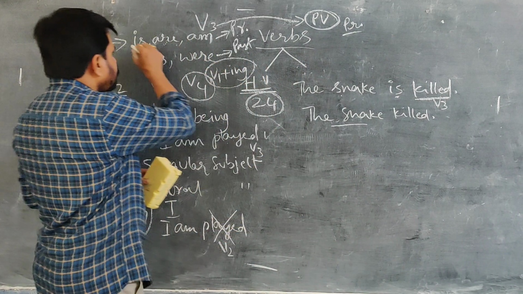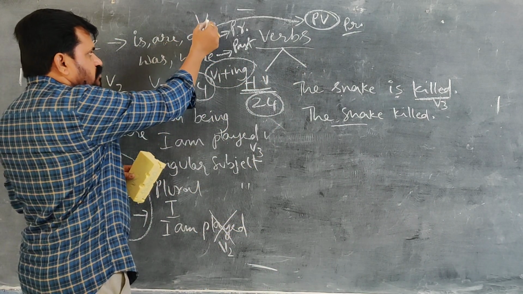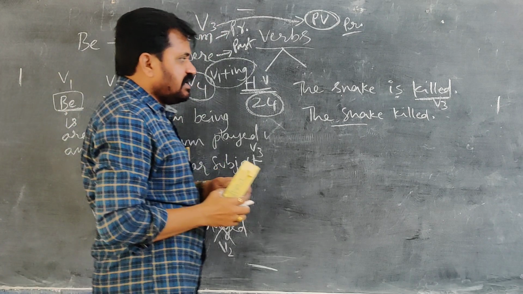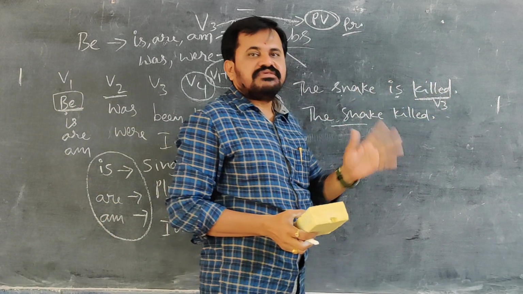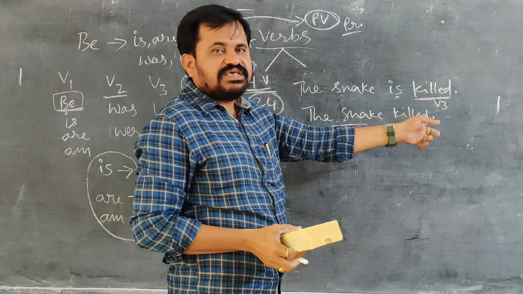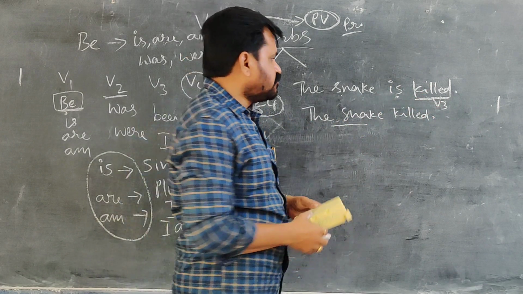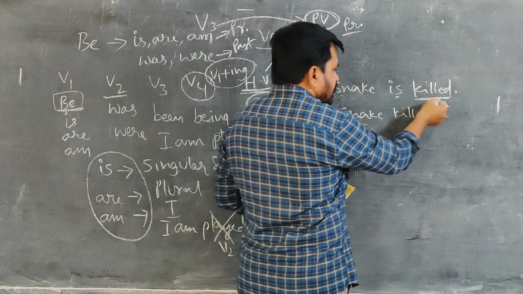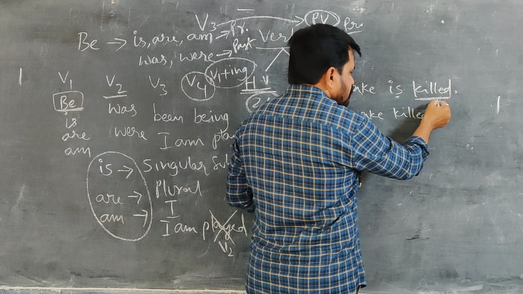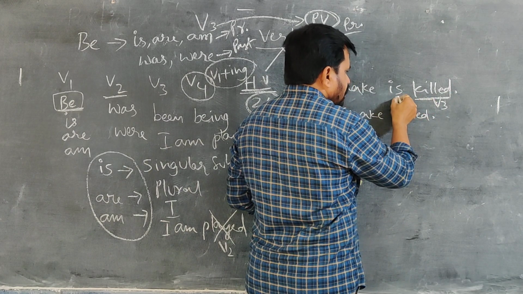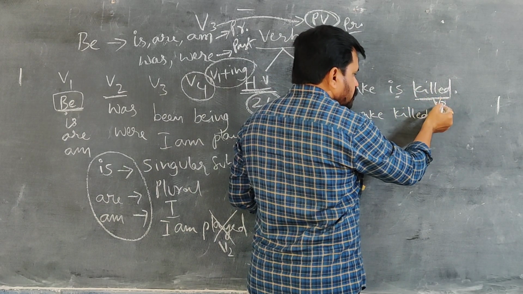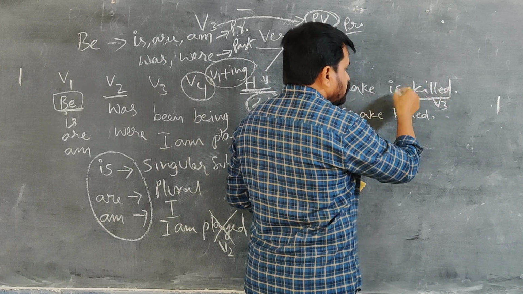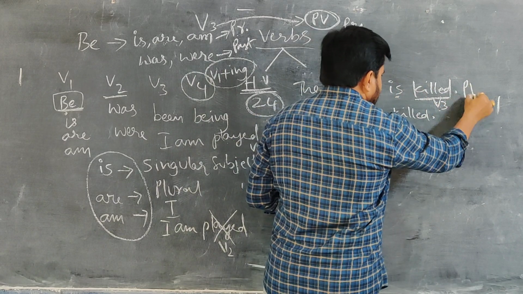After these three helping verbs, always you should use V3 only. Maybe it is the same as V2, but you should consider it as V3 only, so the snake is killed. After is or am, you are eligible to use V3 only. Whenever you use V3, it becomes passive voice.